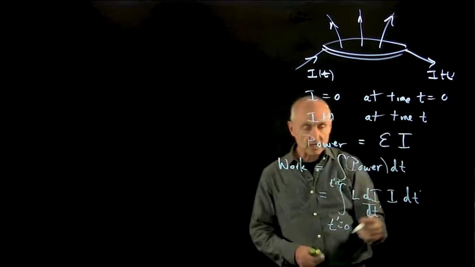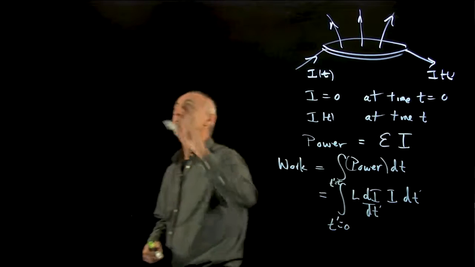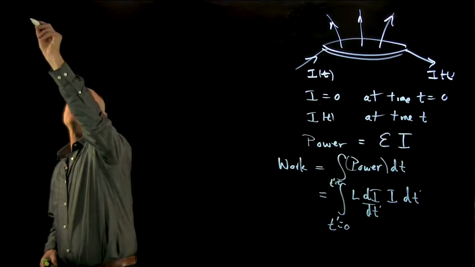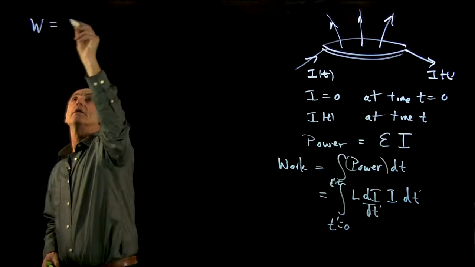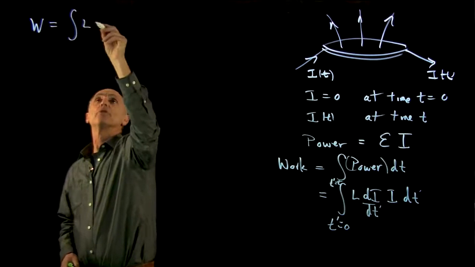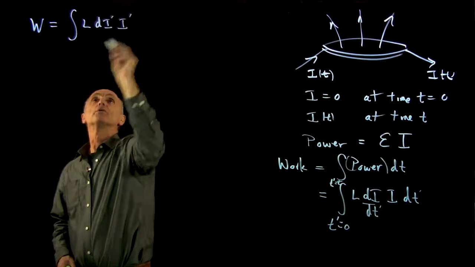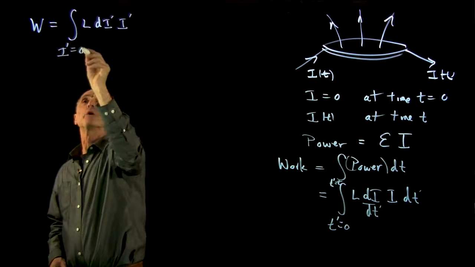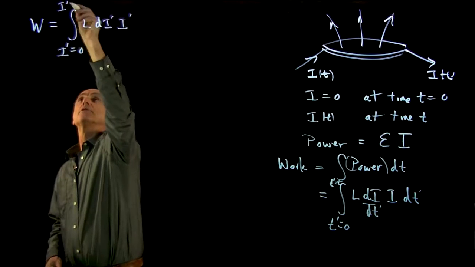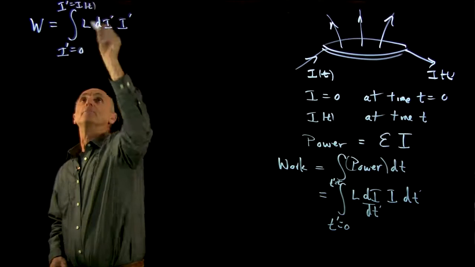But what we're doing is essentially changing variables. And so the energy, or the work done in driving this current through the coil, now our integration variable is I prime, which went from 0 to some value I at time t.